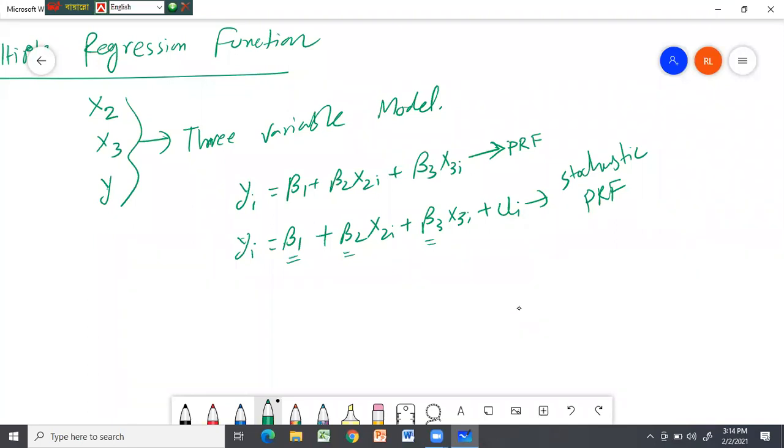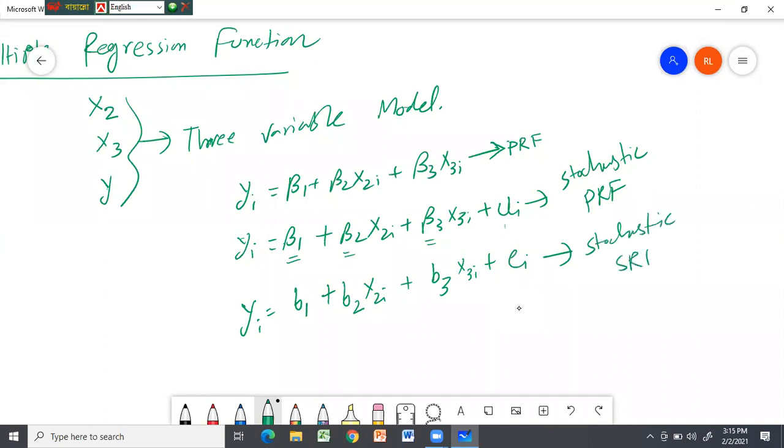In the sample, we estimate beta 1 with a proxy parameter b1, beta 2 with a proxy parameter b2, and beta 3 with a proxy parameter b3, and we also estimate the error term ui with a proxy parameter ei, which is known as the stochastic SRF, sample regression function.